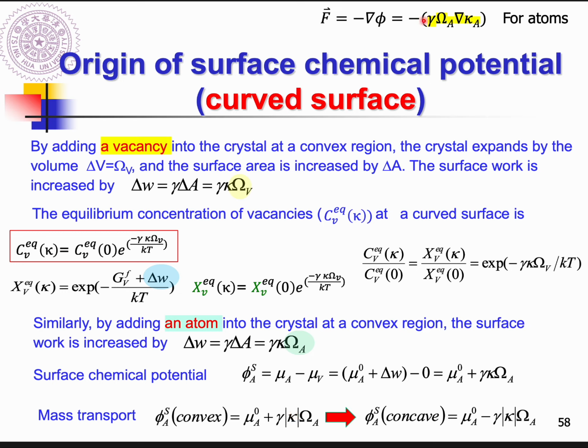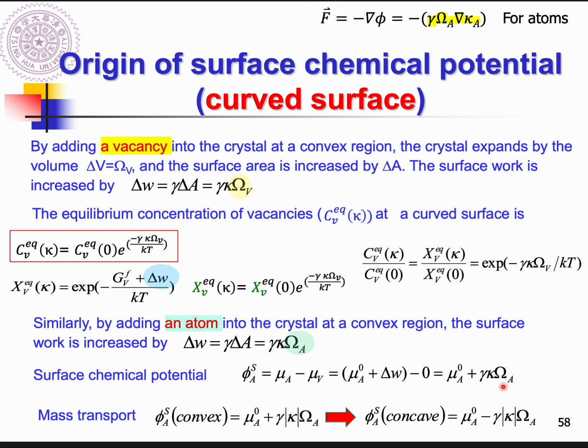Some people ask me why we always put a minus in front of the potential gradient. Due to the potential, the atoms move from the high potential to the low potential. So the way we calculate it is to use the low potential minus the high potential, and this will be a negative term.